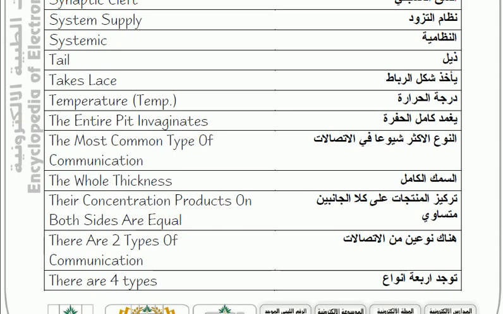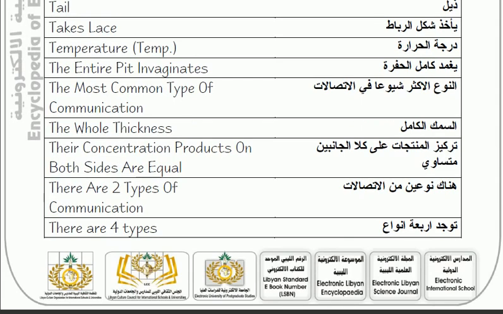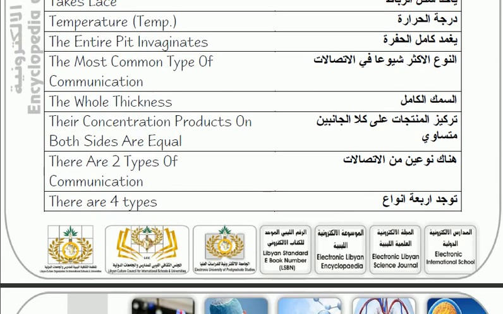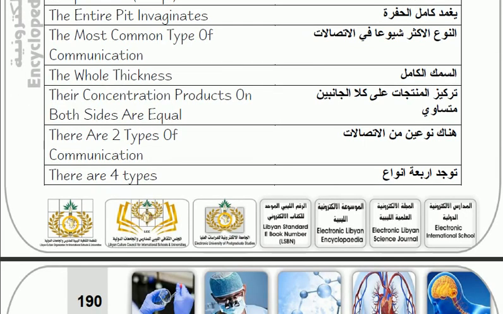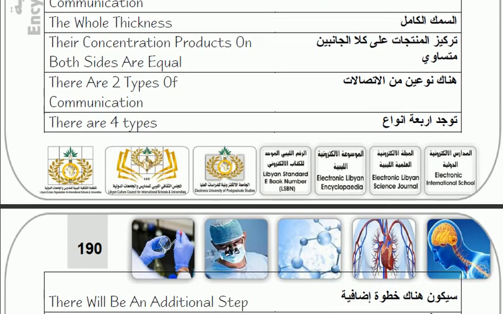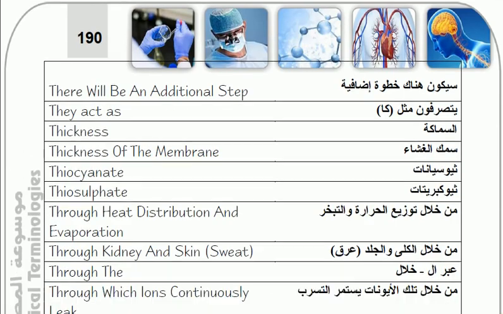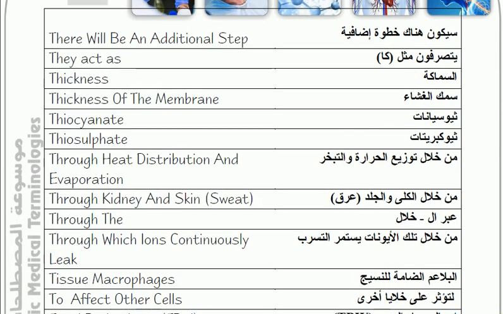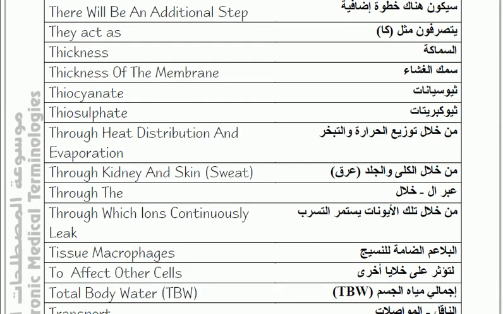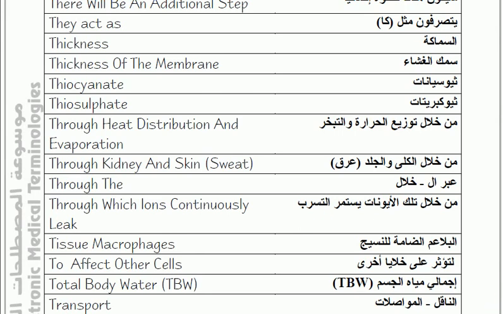Temperature. The entire pit invaginates. The most common type of communication. The whole thickness. There are 2 types of communication. There are 4 types. Thickness of the membrane. Through kidney and skin, sweat.